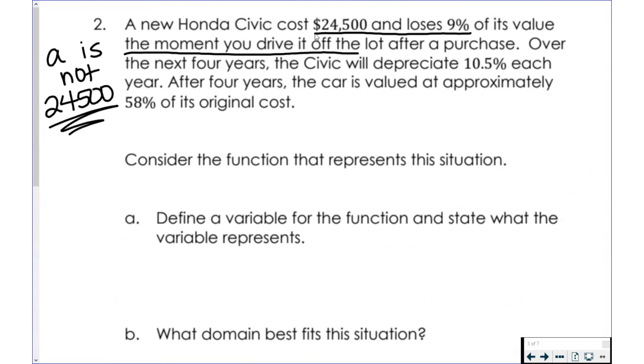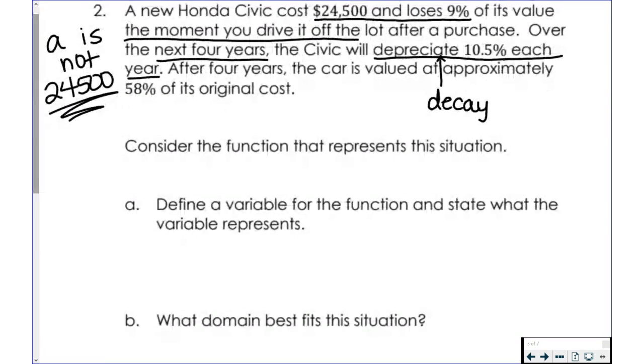So once you lose that 9% and you have it in your possession, it says over the next 4 years, the Civic depreciates 10.5% each year. If you don't know what depreciate means, it means it's going down, it's decreasing. So this would be exponential decay. Then after the 4 years, the car is valued at approximately 58% of the original cost.